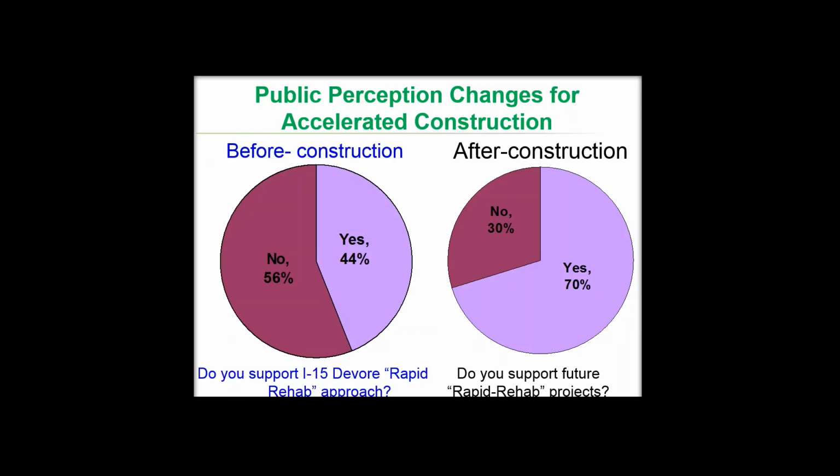There's often a lot of fear at looking at things like 55-hour weekend closures or continuous closures. But the experience so far in many places has been, although there's a public perception that they don't want rapid rehabilitation or accelerated construction before construction, once the folks in an existing area have gone through it and realized it's not that bad and it's over, and then you have good pavement for a long time, the public perception can change substantially.